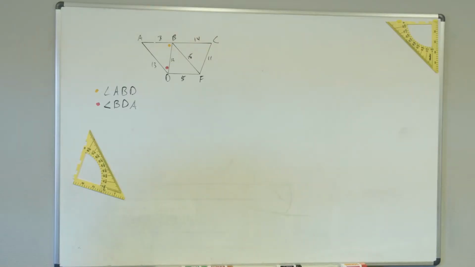BDA is not bigger. That's the red one, right? The red one is not bigger than the orange one. ABD is bigger.